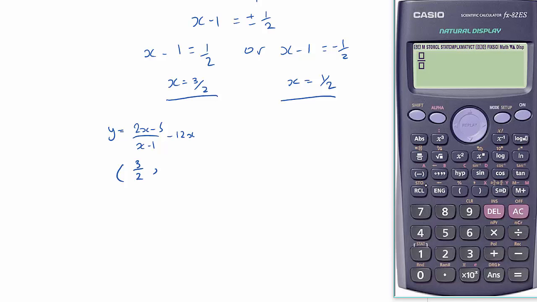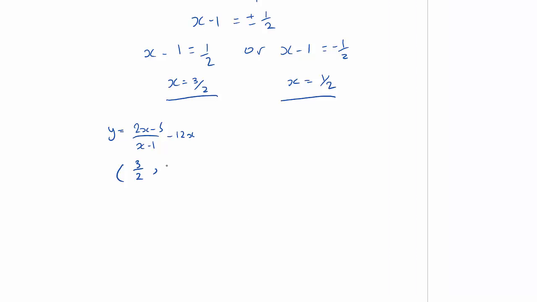So 2 times 3 over 2 is 3, so it's going to be 3 take away 5 over (3 over 2 take away 1, which is a half), and take away 12 times 3 over 2. So that's negative 22. So we've got (3 over 2, negative 22).